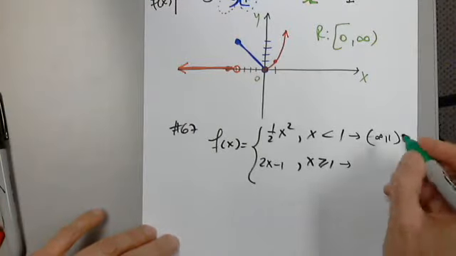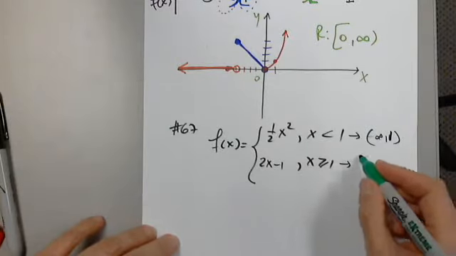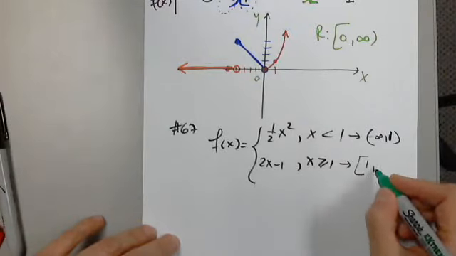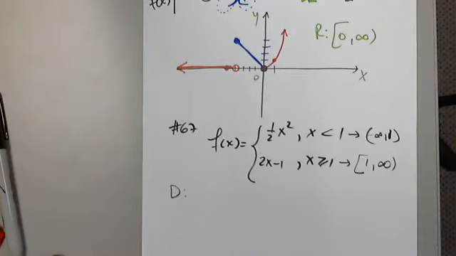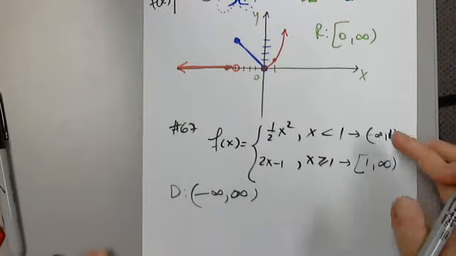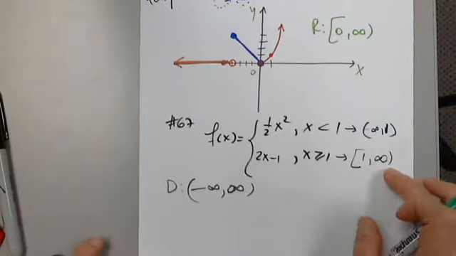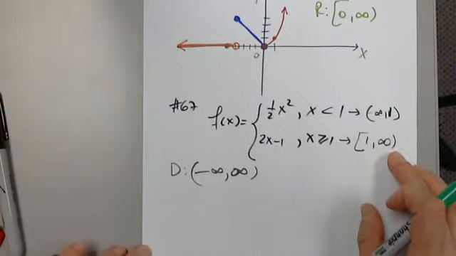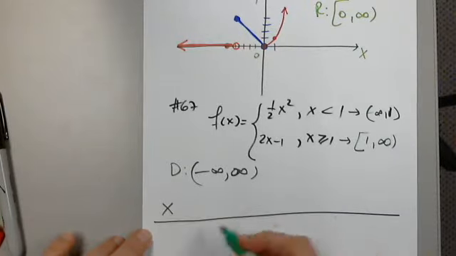Very good, with a parenthesis, correct? Good. What about this one? Bracket 1 to infinity. So what will you say about the domain of this function? Do you all agree that we have everything? The function has everything? From negative infinity to 1, not 1, but 1 is here, and everything from 1 to infinity. Agreed? Yes? Okay, now we can start the chart.